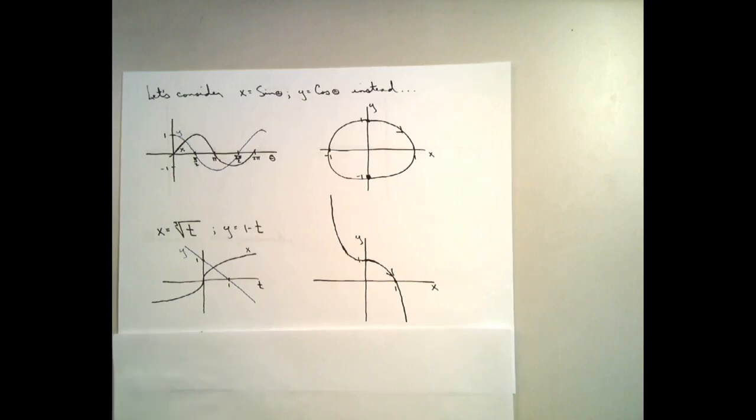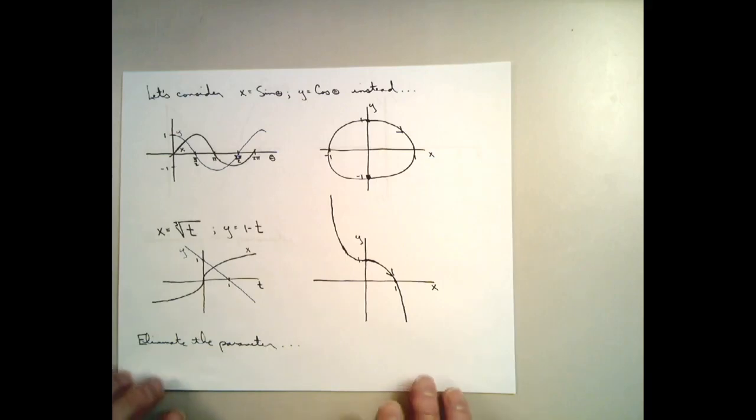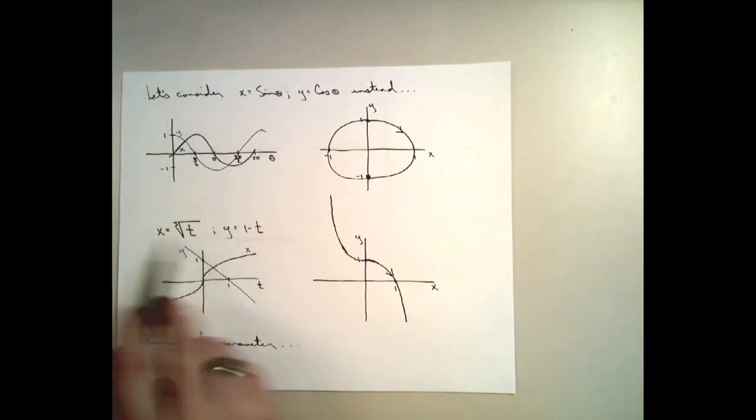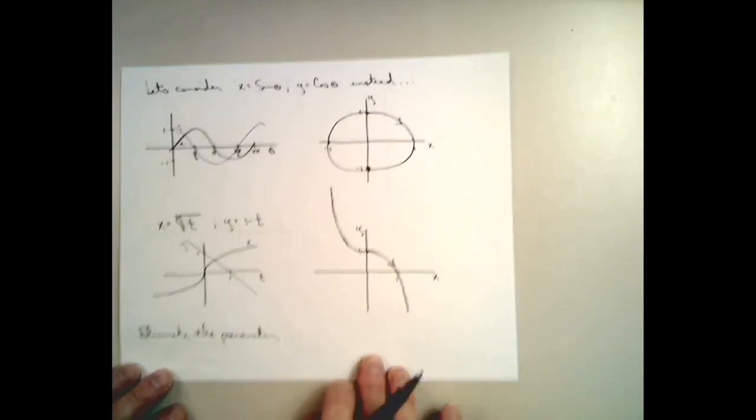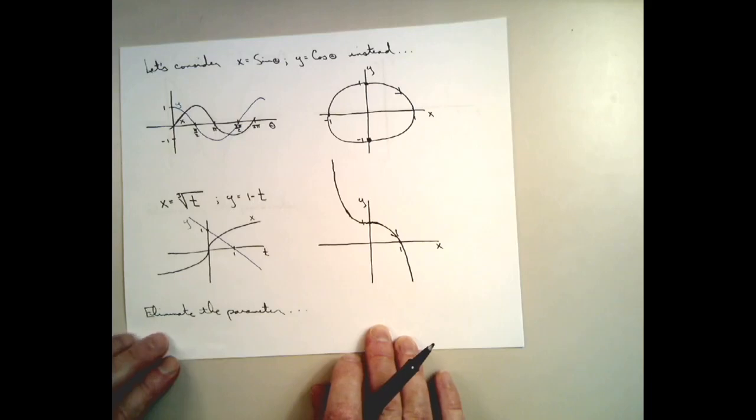I want to do something else with this particular pair of parametric equations, and that's a technique called eliminating the parameter. Sometimes this is useful, sometimes it's not even possible, but what that means is to rewrite this in terms of x and y, eliminating the parameter t.